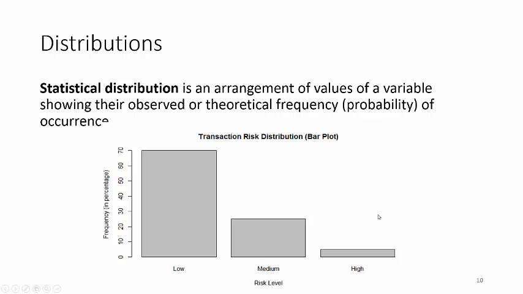What the bar plot tells you is that you have a variable called risk value, and this variable can take three values: low, medium, and high. In 70% of the observations, the value of the variable is low.